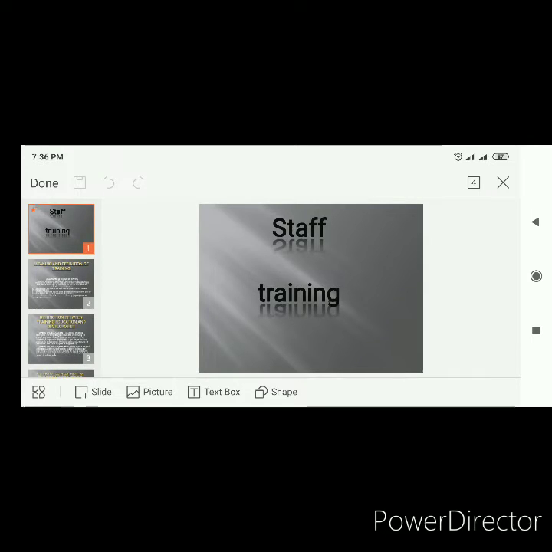Today we'll be discussing in this slide staff training: the meaning and definition of training, and the distinction between training, education, and development. After that, we'll be doing the importance of training, types of training, preparation of the training program, methods and techniques of training, and hindrances to training.